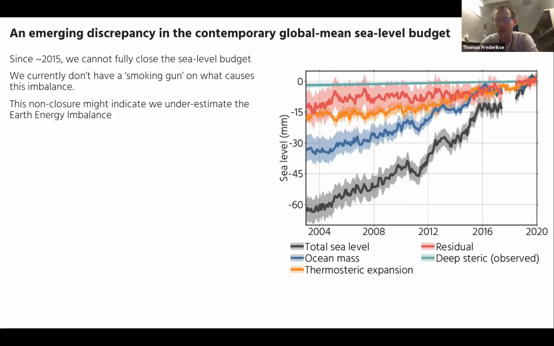Although we have some models, especially data-driven models, to estimate changes in hydrology, they don't really show any weird things over this period. So it doesn't look like GRACE is off. The number is big: since 2015, to blame GRACE, we would need, for the last five years, another Greenland in the sense of mass loss to explain this discrepancy.